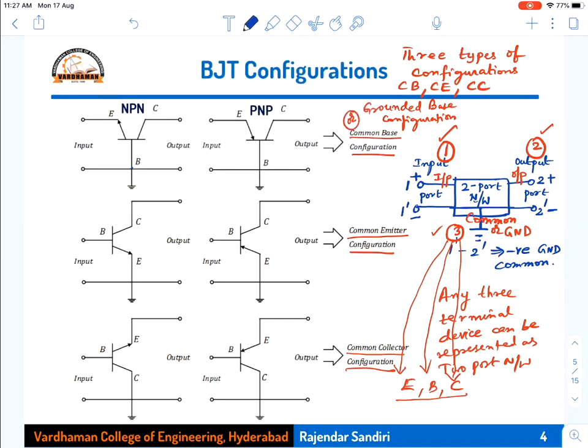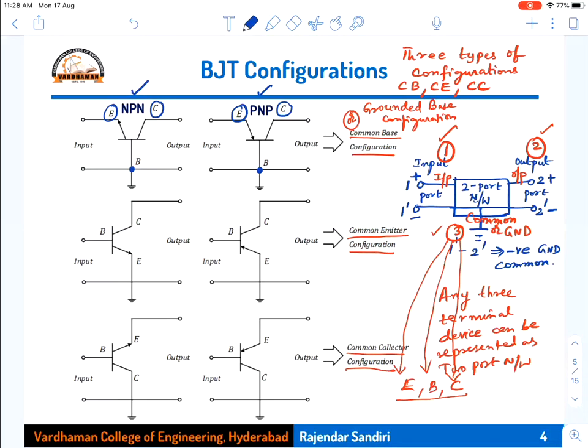See, in this case, I'm considering base as ground. If I'm considering base as ground, the emitter is taken as input, the collector is taken as the output. Here I am representing NPN and PNP. Both diagrams are there. Emitter is represented here, collector is represented here. Base is connected to the ground, which is called common. So input is emitter, output is collector, base is common.